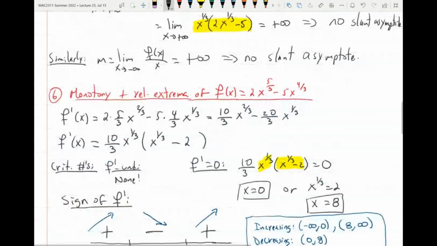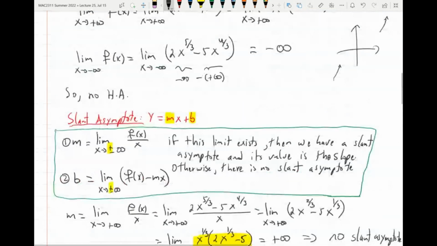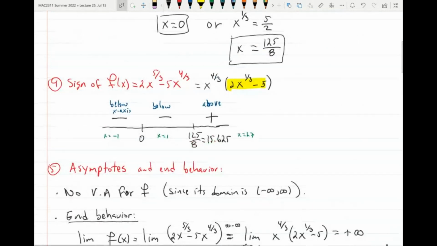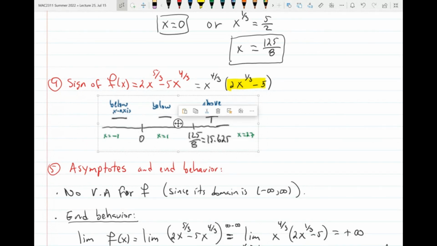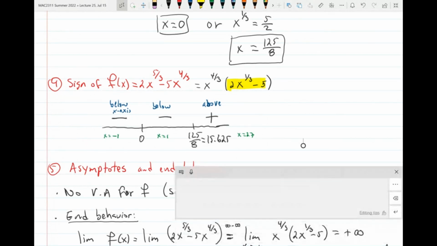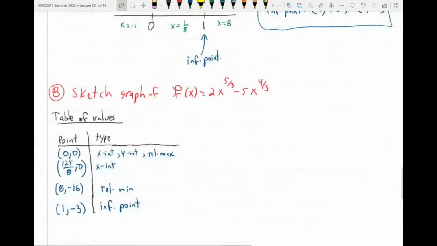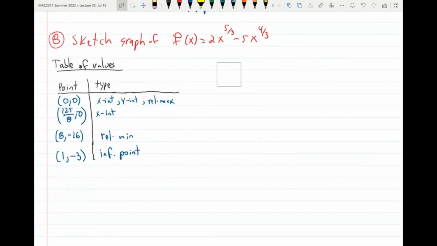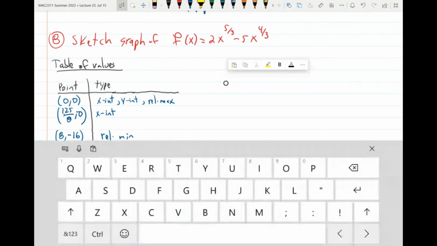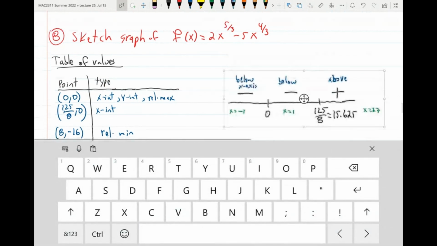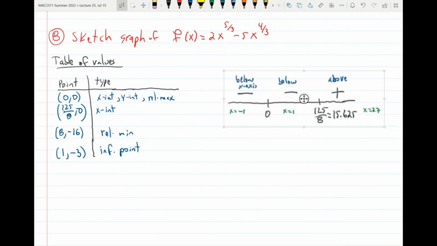So for example, I want to have the sign of the function. I want to keep this. So let me make this handy for us. Copy this. I'm gonna have it here.